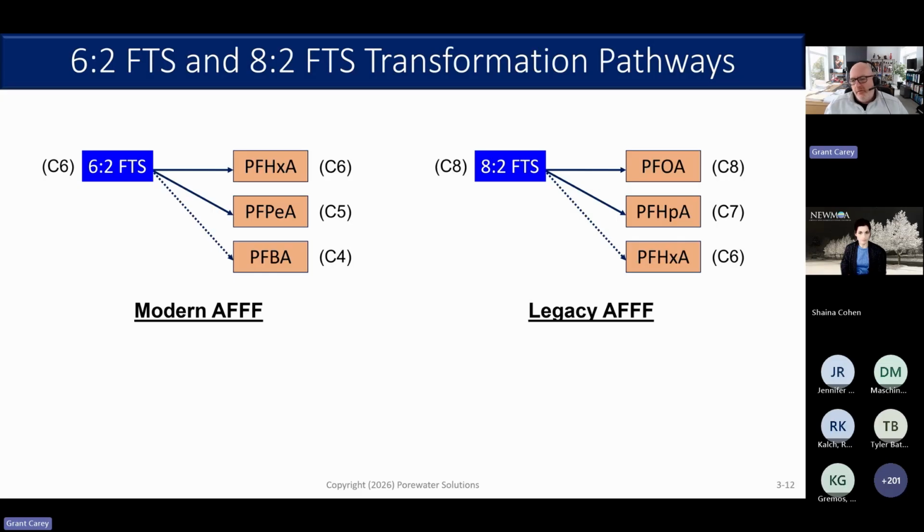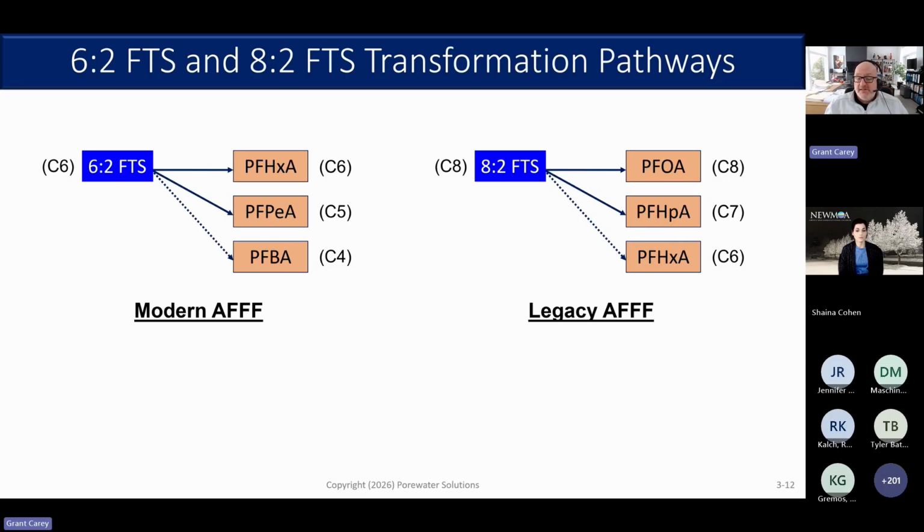So the original AFFF products produced through fluorotelomerization were mainly longer chain precursors that resulted in a fair bit of 8:2 FTS and PFOA in subsurface impacts. And the modern AFFF, that's more C6 precursors, resulting in 6:2 FTS and the shorter chain carboxylates.